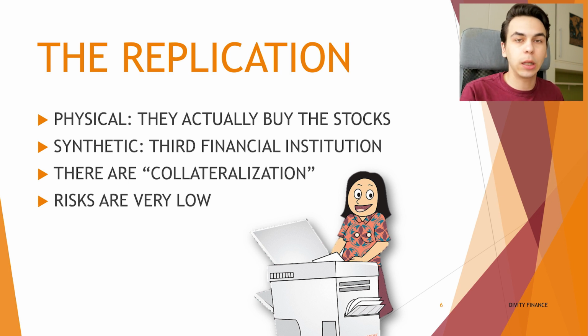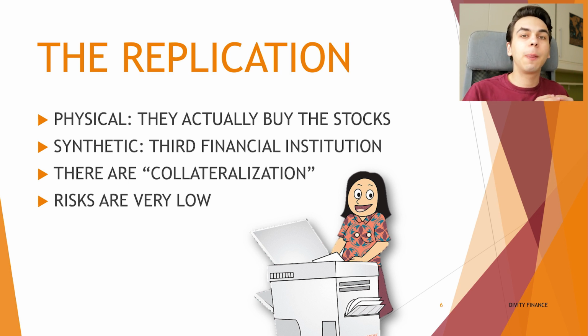The money is still safe. So nowadays, there is not much difference between physical replication and synthetic replication. Synthetic replication is actually very, very useful because it gives you a better price when it comes to exotic markets.